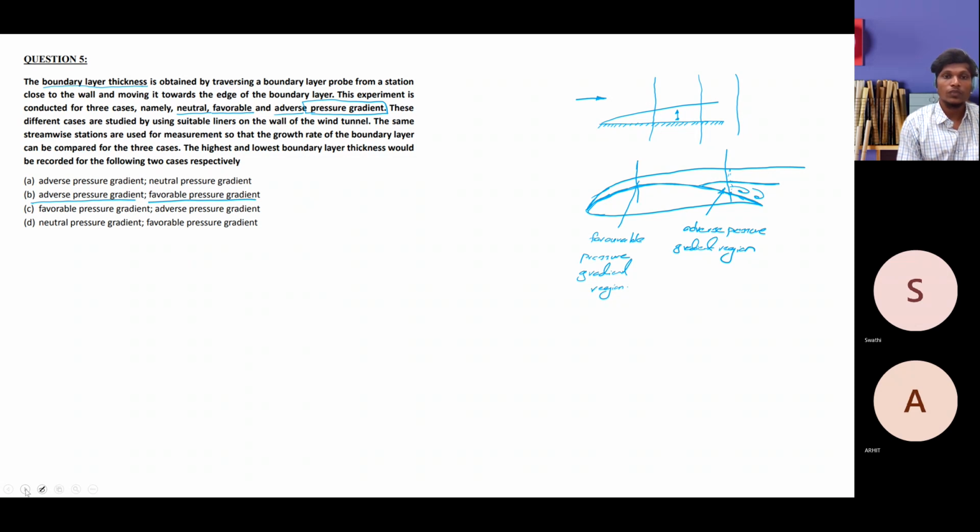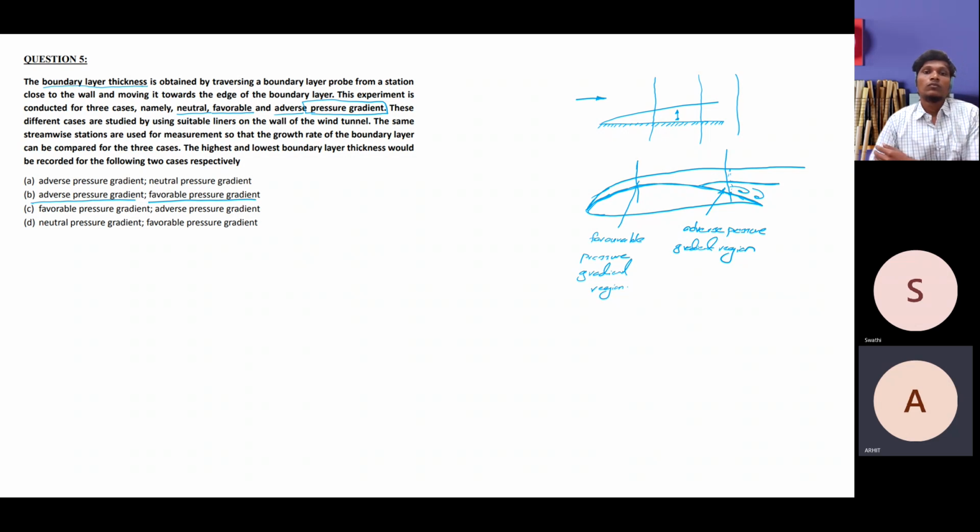Okay. Sir, I have a question. Sir, in place of using a pitot-static tube, if we use the PIV technique, will we be able to see the flow separation in that case? Yes, you can see the flow separation.